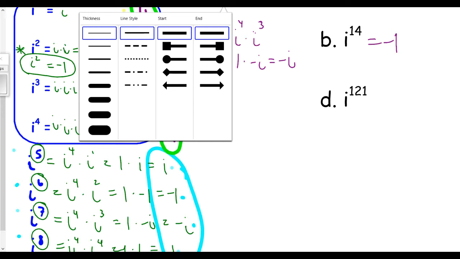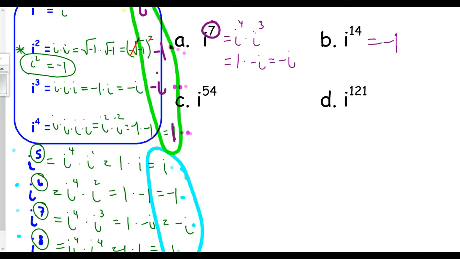So the easier way that we can do it when we get these larger values like i to the 54th or i to the 121st is you can take your exponent and divide it by 4. Okay, take your exponent, divide it by 4.